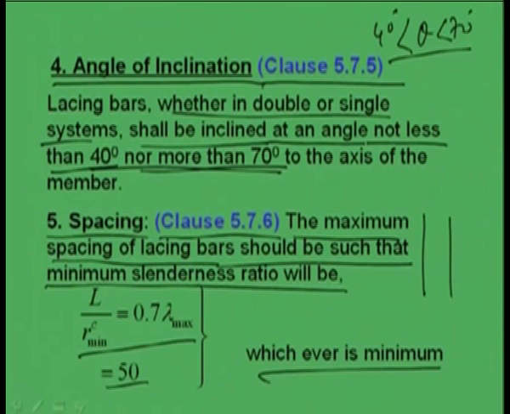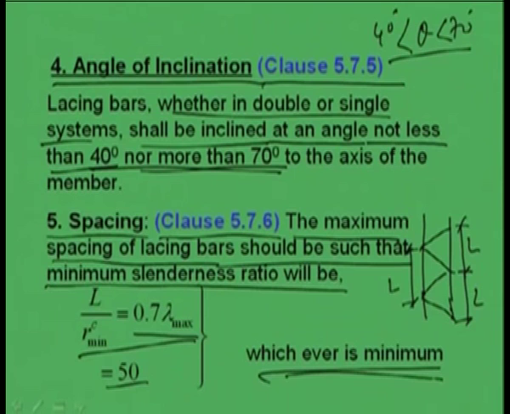As you have seen, if there are two main bars and this is the lacing system, then this is called L. This is L, right? So, L by r_c minimum should be equal to 0.7 lambda max or 50, whichever is minimum.